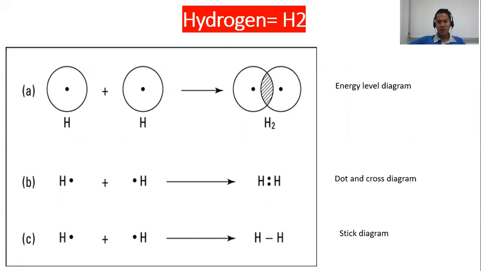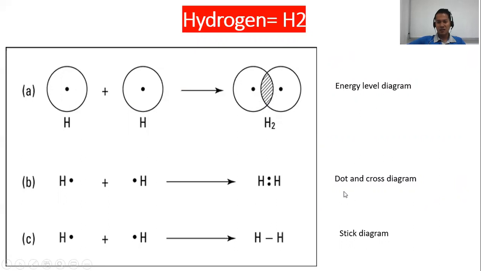To make them happy, they're going to share. This is 1, and they're going to share another 1. So this will make 2, and this will make 2 as well. Since there are 2 atoms here, we count H2. So that's the energy level diagram.